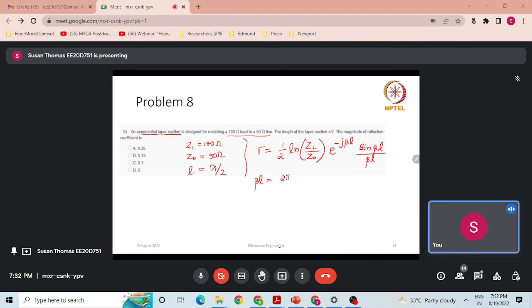It is 2 pi by lambda into the length of the taper section, which is lambda by 2. So this comes out to be pi, so sine beta L, or sine pi, goes to 0.